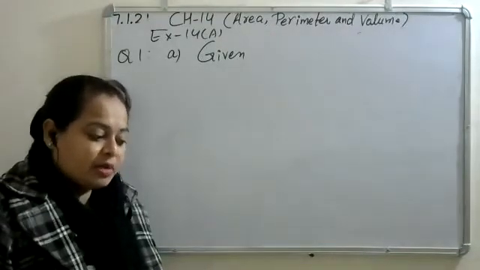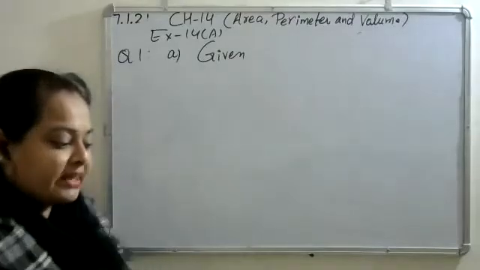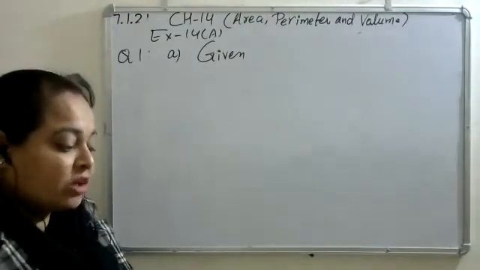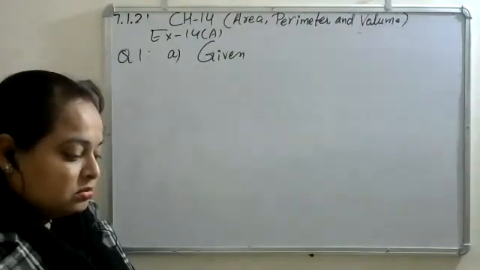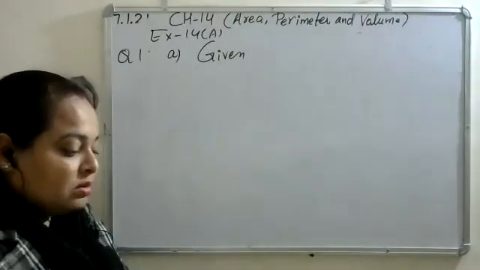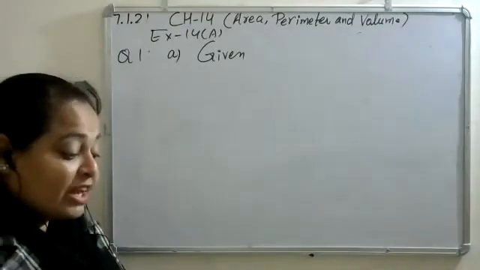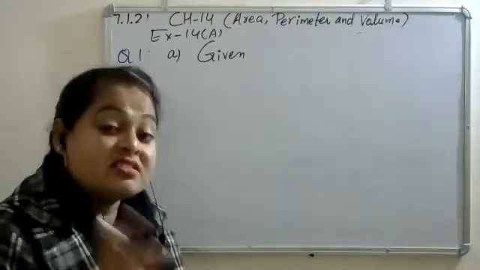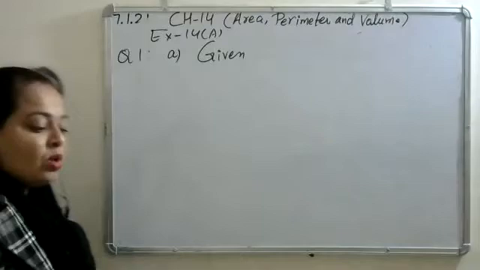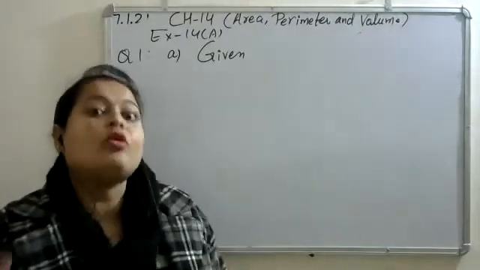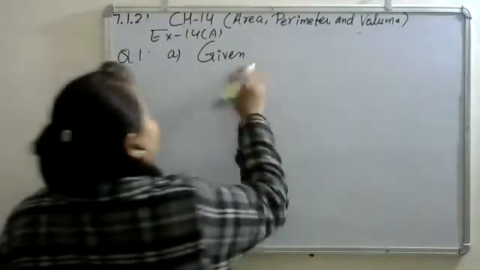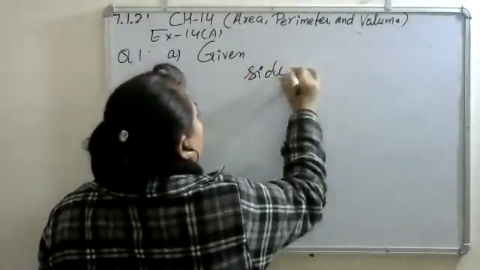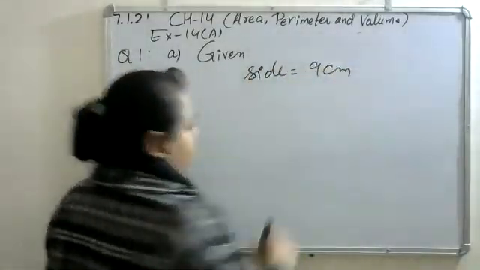What is 9 centimeter? Side is 9 centimeter. So given, side is equal to 9 centimeter.